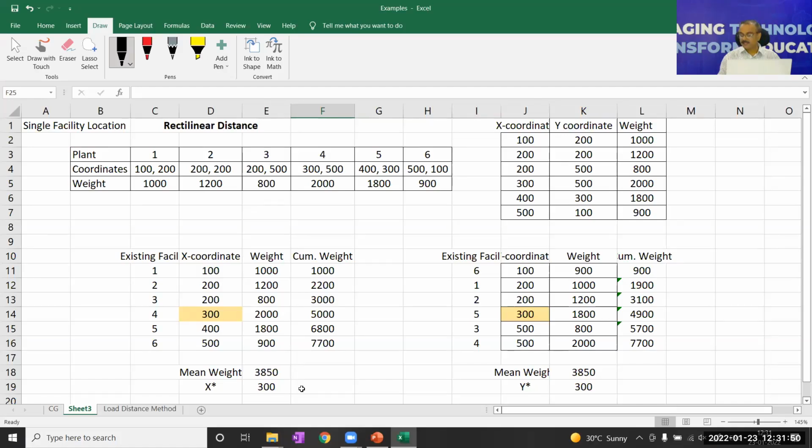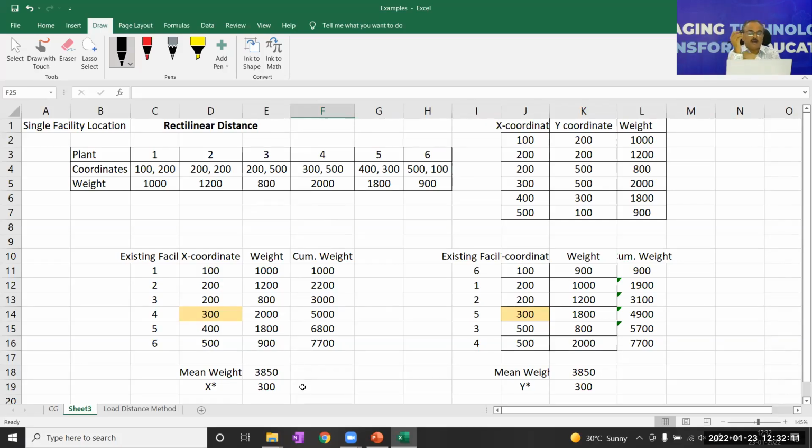Okay, so as I mentioned, in any factory, if we are making a location decision, maybe it's a big factory, or if you are looking at locating a fire station, in that particular situation it may be a movement that will occur in a rectilinear distance.